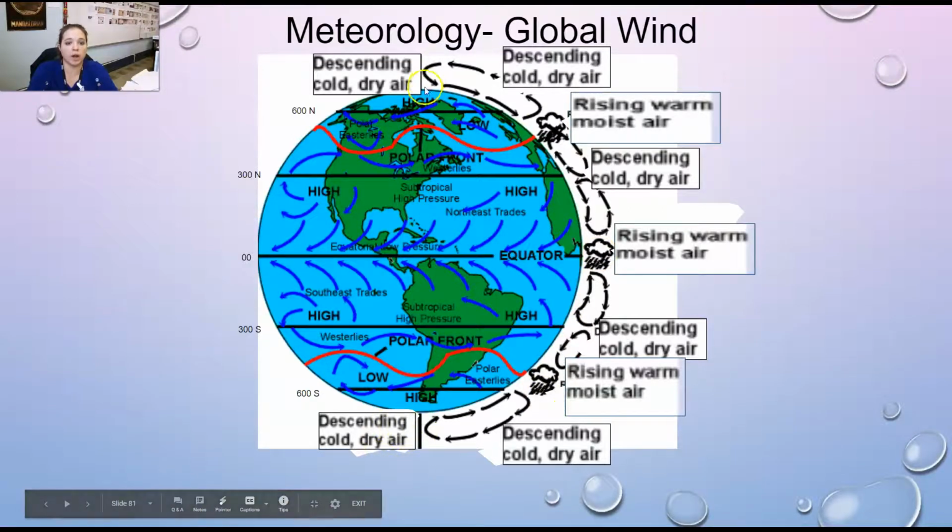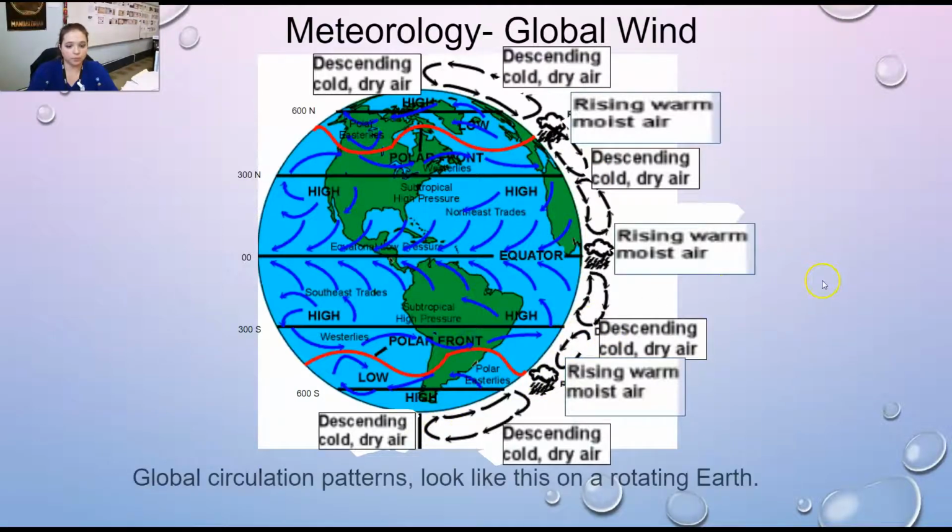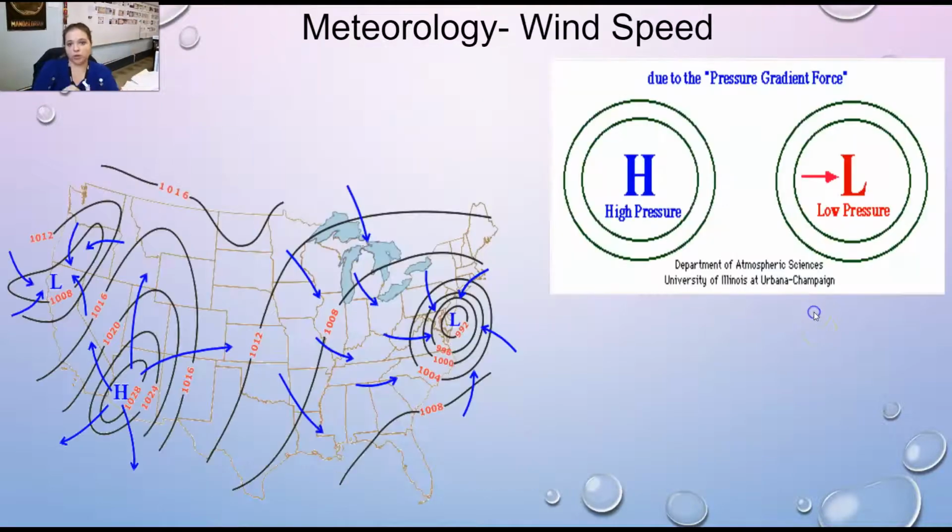Descending cold, dry air is up at the poles, and it is cold, dry in between. So you've got the warm, moist right here, the cold, dry right here. Warm, moist, cold, dry. So this is what it looks like on a rotating Earth.